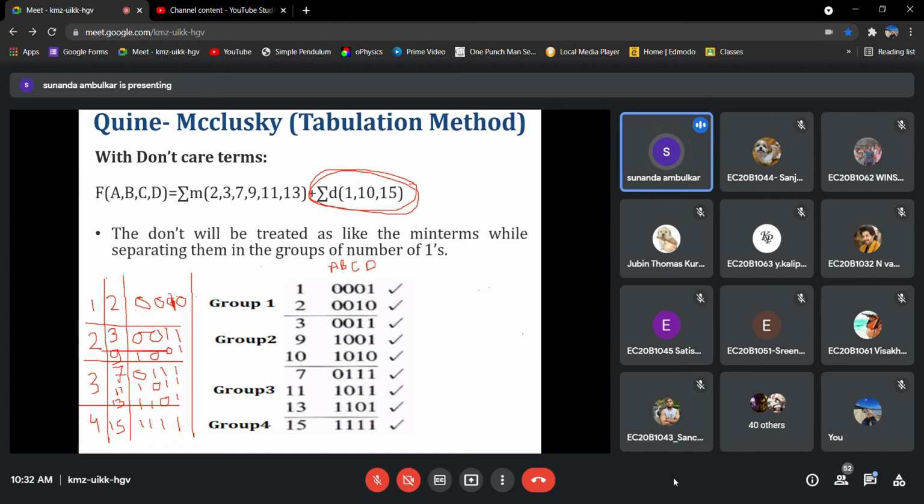Now we will check group 1 with group 2, group 2 with group 3, group 3 with group 4. So we'll try to find out. In the next table, what will be the terms in group 1?